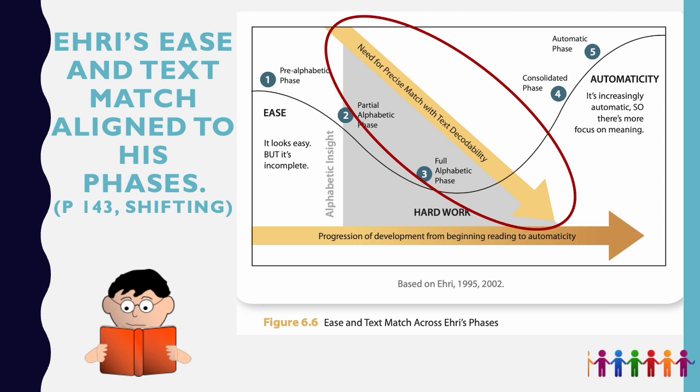I'm thinking about a little 2-year-old friend that could read a book because it was memorized, and they were feeling great about reading. And then there's the partial alphabetic phase where they're starting to see that these words and these letters are combining. And then you move into the full alphabetic phase. And that is just simply hard work.